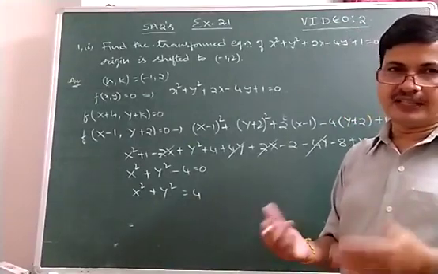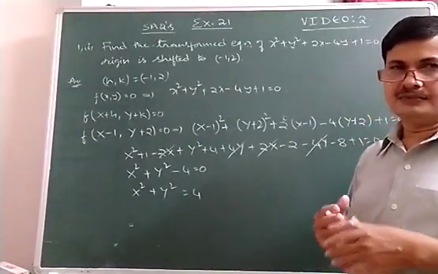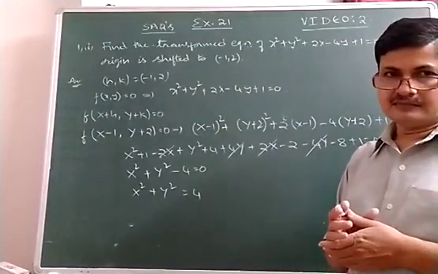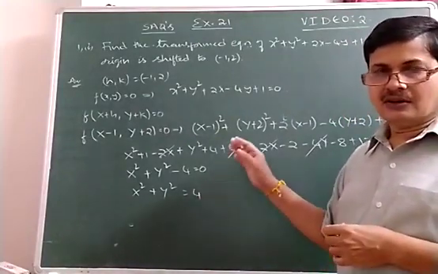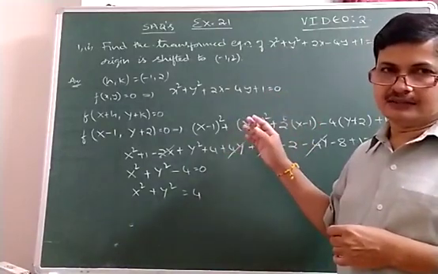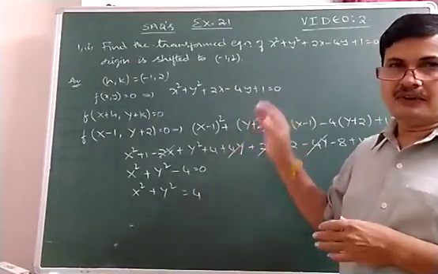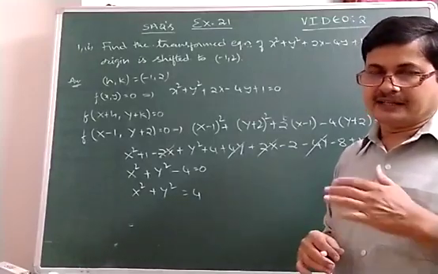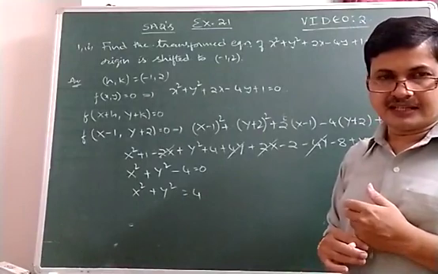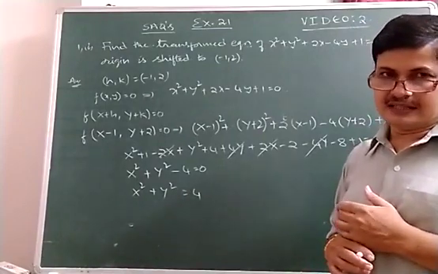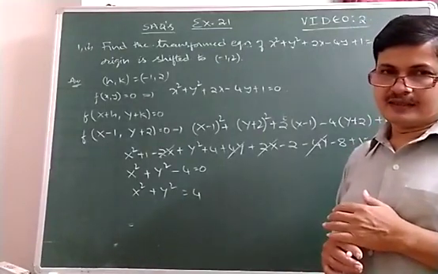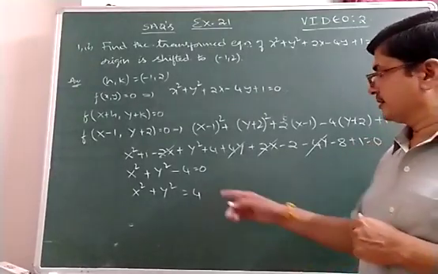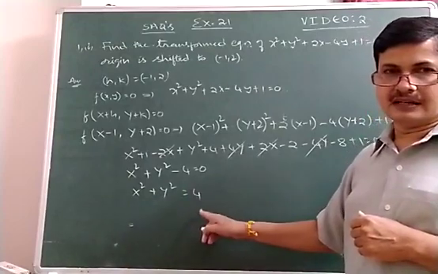What is the use of shifting the origin? If we want to remove the first degree terms from the given equation, we apply shifting of the origin. That means the use of translation of axes is to eliminate first degree terms from the given equation.